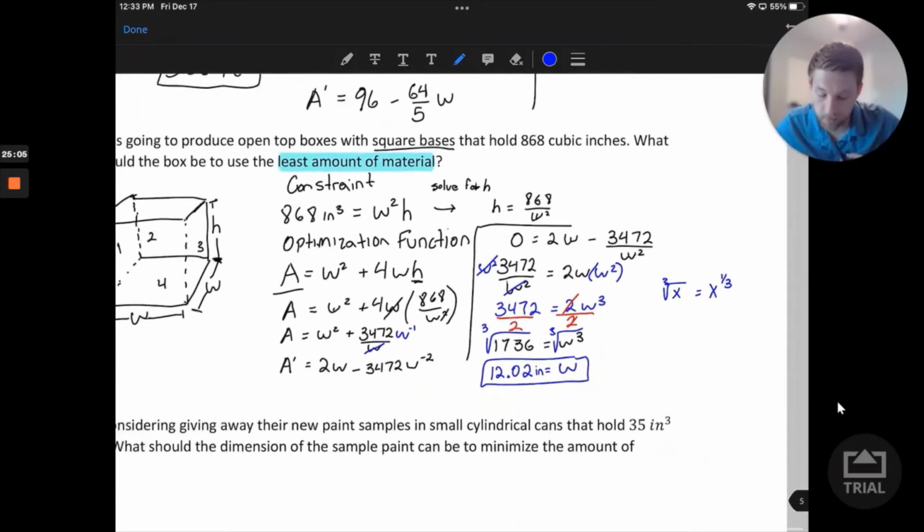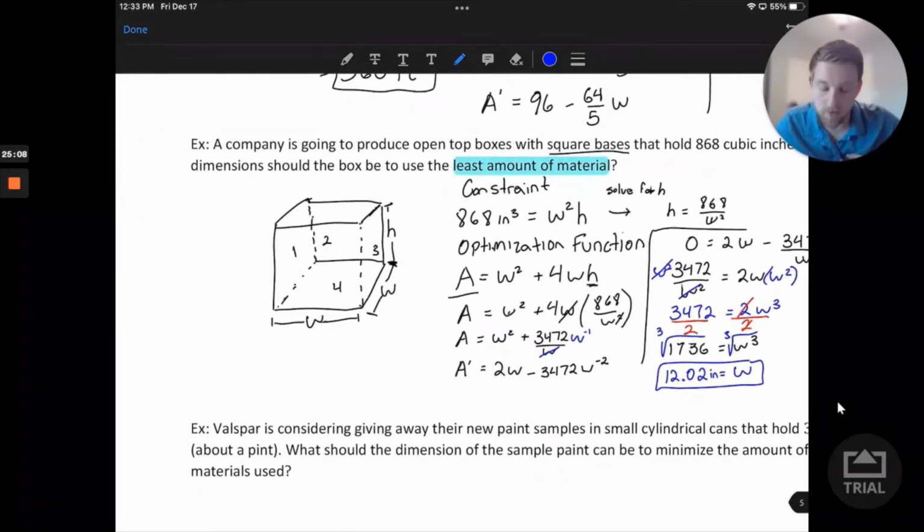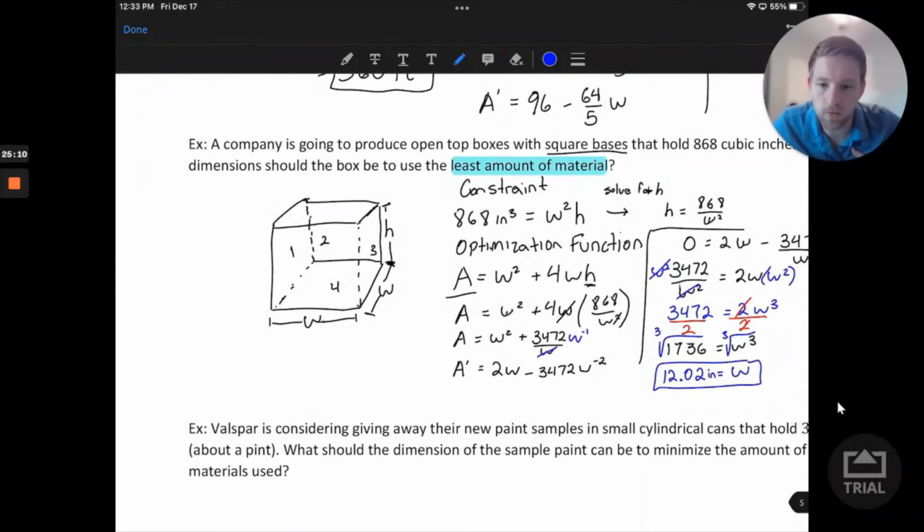We'd like to see the other dimension of the box. We do also want to find h, so we can come back to our constraint. That would be a great place to solve for h. Again, we already have that expression solved for h, so h is going to be equal to the volume that we started with divided by w squared.